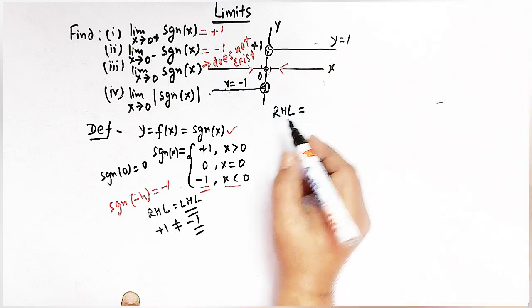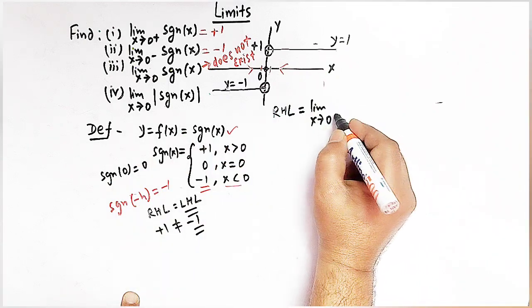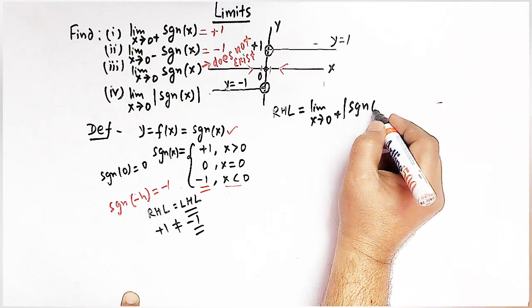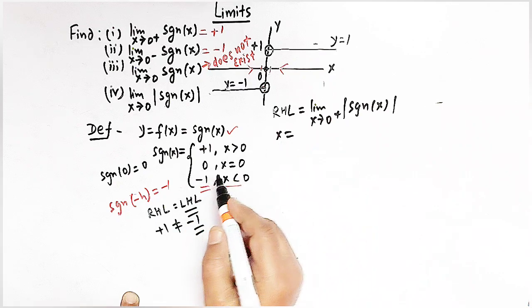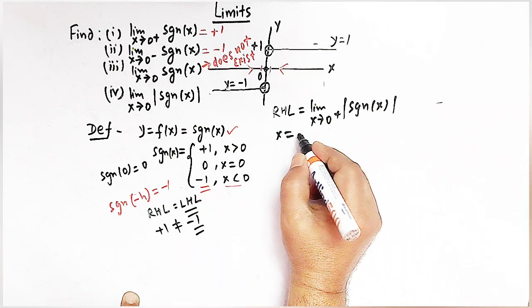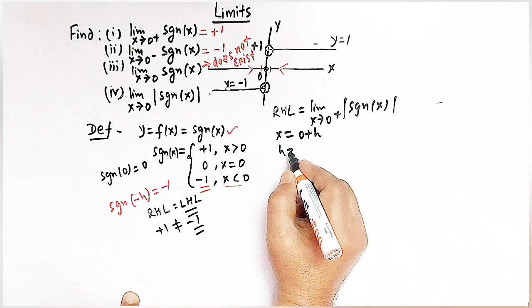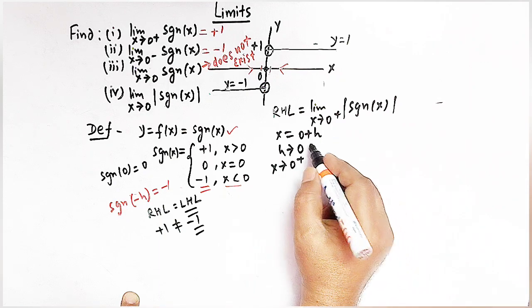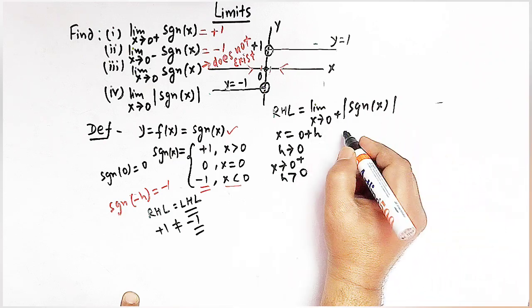So the right hand limit is given by the limit as x tends to 0 positive of mod of signum of x. Again we'll follow the same steps. Here x is 0 plus h, where h tends to 0 when x tends to 0, and h is a positive quantity and infinitesimally small.